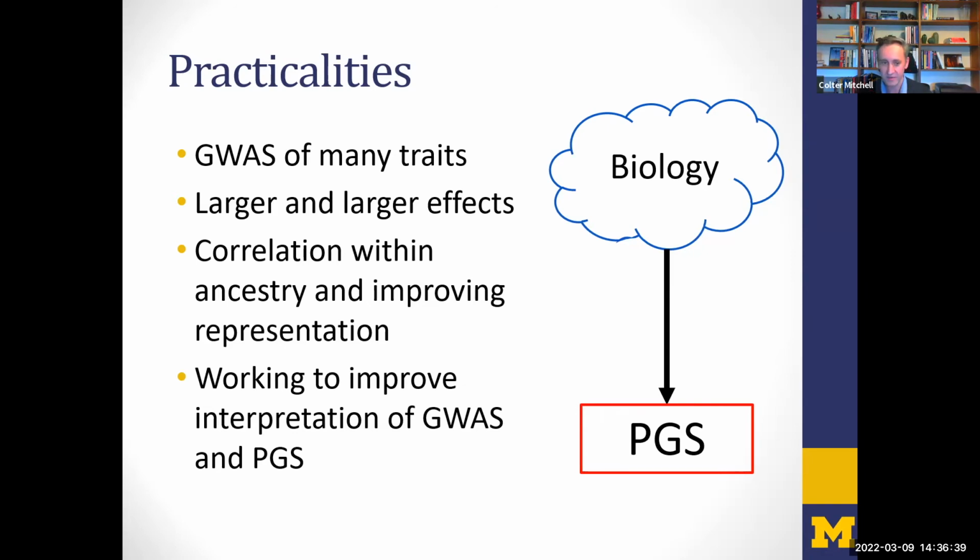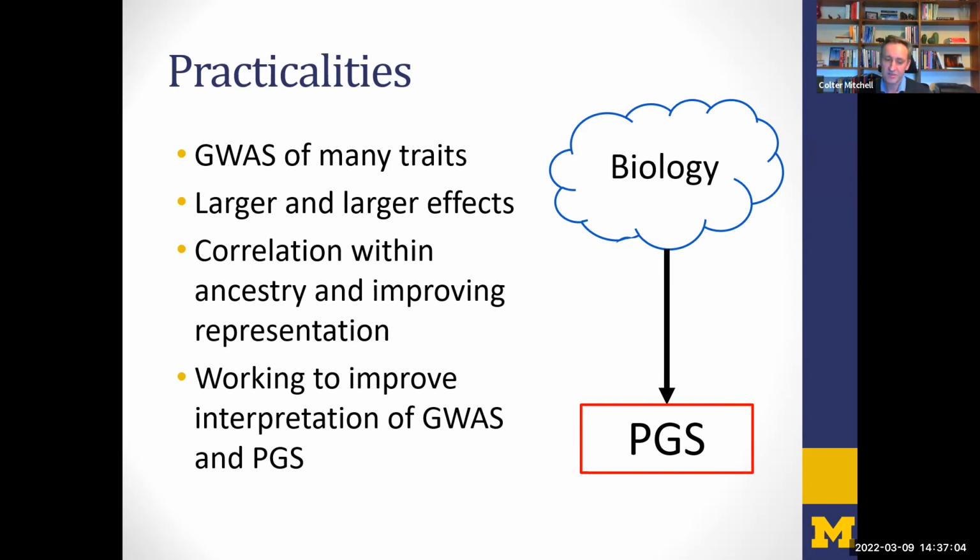It's already out there. And the sample sizes are getting larger and larger, which means the predictiveness of them is getting larger and larger. The correlation within ancestry is actually still quite strong, and I'll show you some examples of that. And we are improving in representation, not as fast as I would like, or most people would like, but we are doing a little bit better.